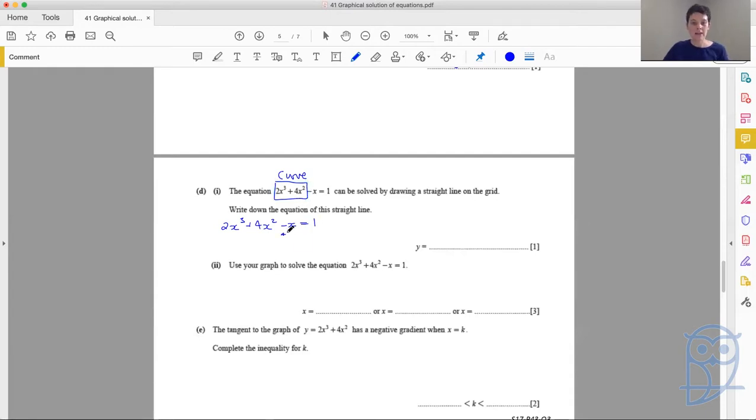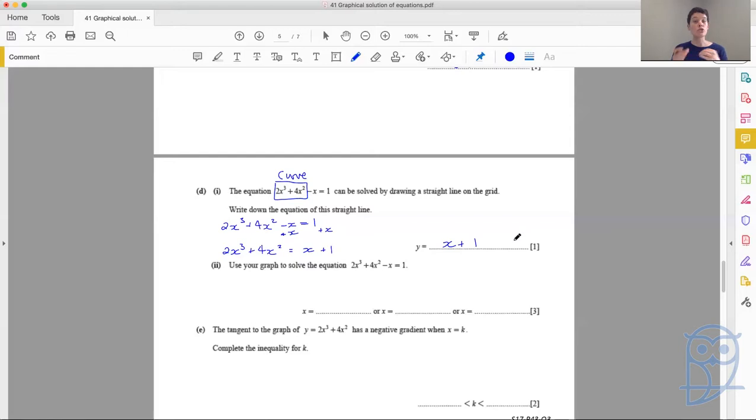We're going to have to add the x here to remove it and pop it up on the other side. So then we would have 2x cubed plus 4x squared equals x plus 1. Now we have that relationship. Curve on its own on the left, line on its own on the right-hand side. So the equation of our line is y equals x plus 1.